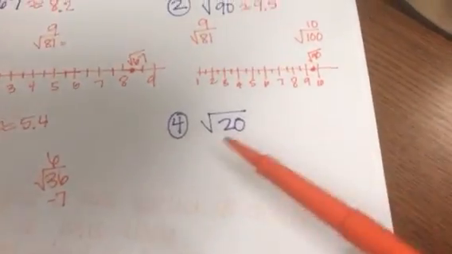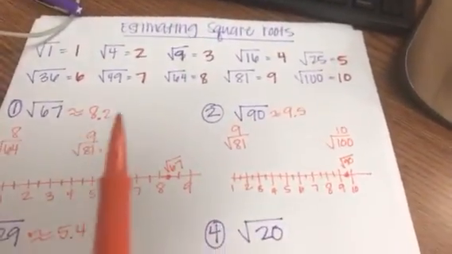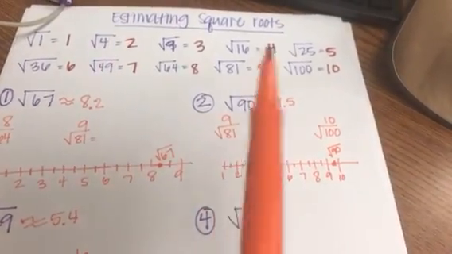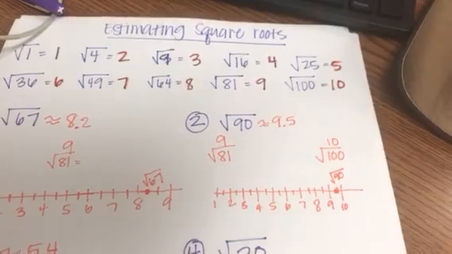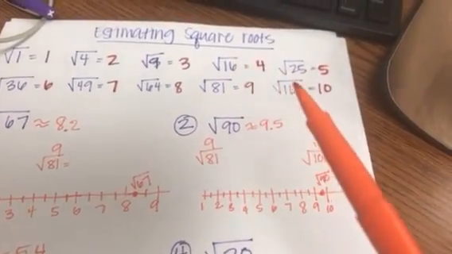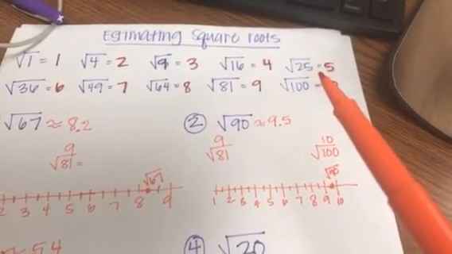And then you have the square root of 20. If we look again at our perfect squares, the square root of 20 would fall between the square root of 16, which is 4, and the square root of 25, which is 5.